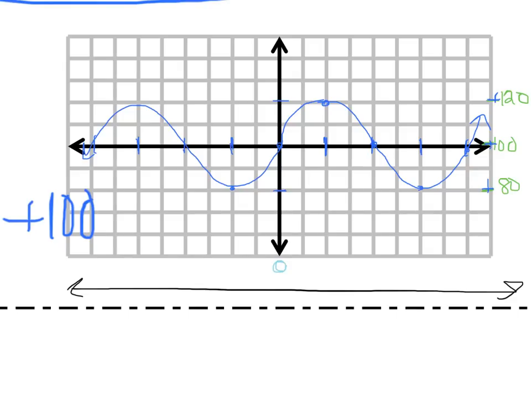All right, so now let's actually label our values here. We have no horizontal shift, okay? But we do know that 1 full period occurs in 1 second. So that means we have 1 full cycle, and that occurs in 1 second. So halfway between 0 and 1 is 1/2, half a second.